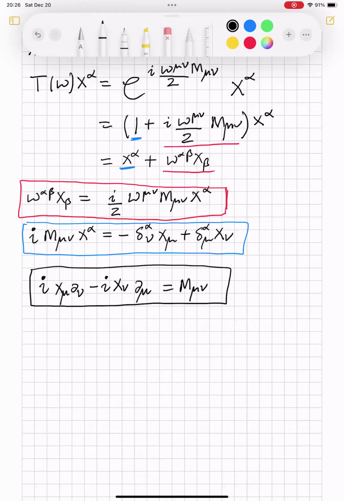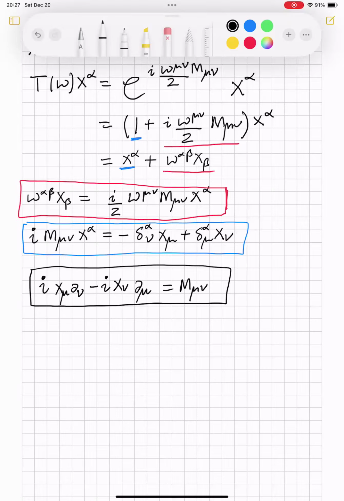So it is important to use one set of conventions and to use them consistently. But when you look at somebody else's work, if they're using a different set of conventions, you should be able to translate from one set of conventions to the other. So if you're looking at other sources and they get a different expression for this generator, M mu nu, well, you should be able to understand where that difference is coming from, and you should be able to track down which of our conventions are different to their conventions.